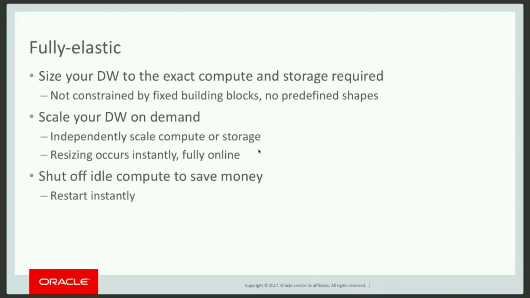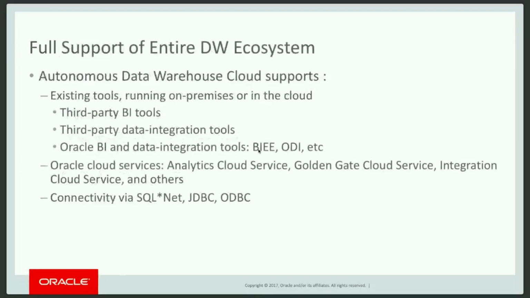So you can go in and shut down your Autonomous Data Warehouse Cloud, at which point the billing for compute stops. So we don't charge you for that weekend session. And then on Monday, you can come in, switch your compute back on, and the billing restarts. And it restarts instantly, which is very good.